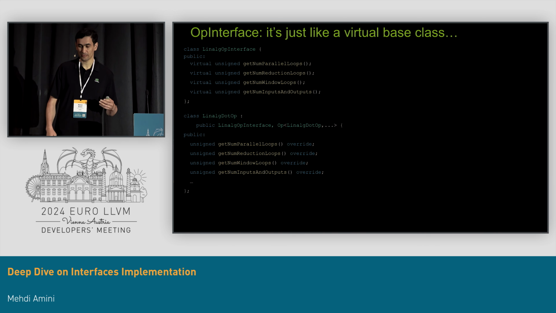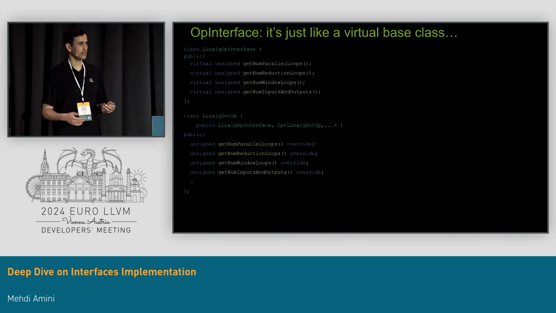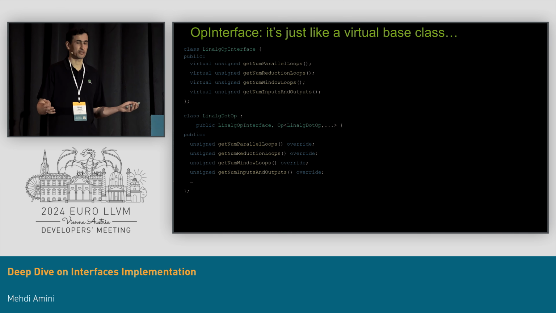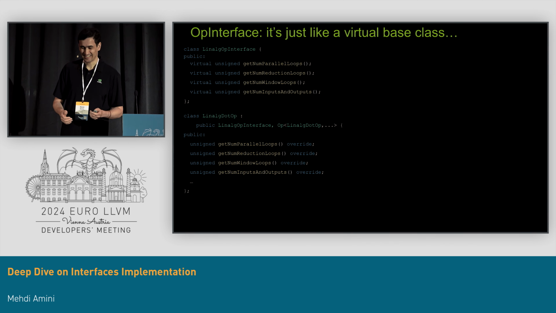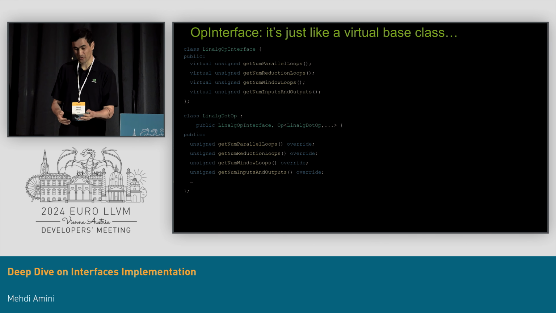OpInterface, on the other hand, provides a similar mechanism to what would be a virtual base class. And that's where we started with OpInterfaces. Nicholas was trying to get this polymorphism for linalg operations more than 5 years ago now, and came to me with this code trying to add a virtual base class to the concrete operation.